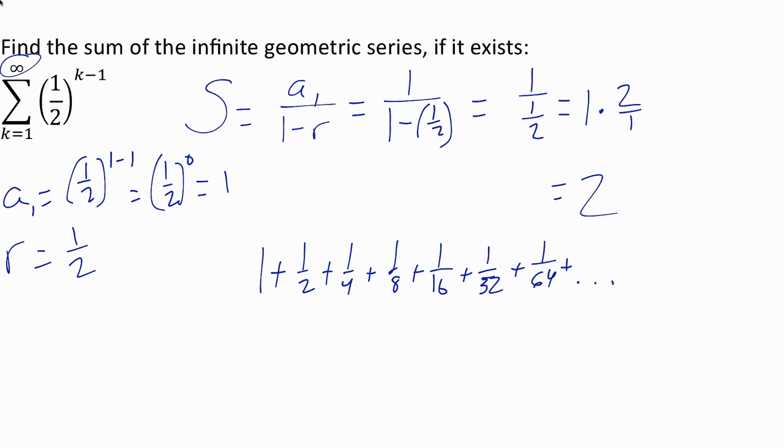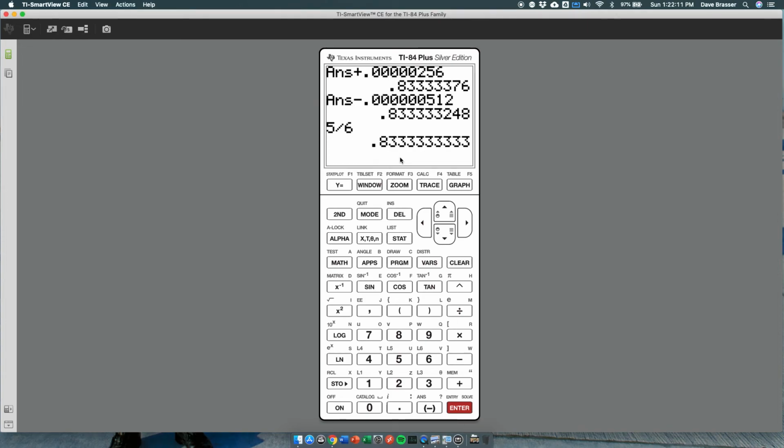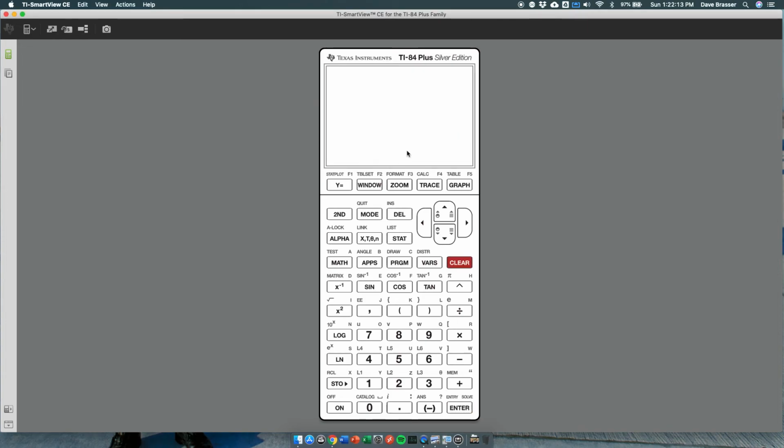Jumping back to the calculator again, let me show you what that looks like as we get closer and closer and closer. Let me see if I can do this nice and smoothly. Let me clear all this out. So first term we had was 1 plus 1/2. I'm going to do these all as 1 plus 1 divided by 2. So just kind of taking it a step at a time.